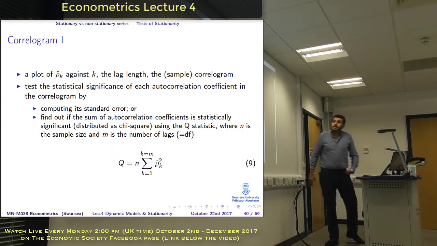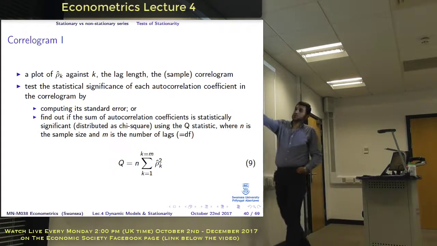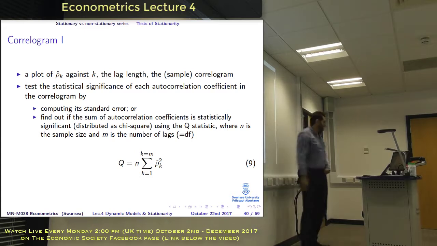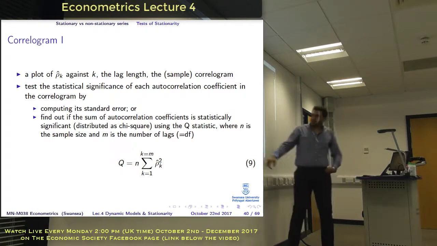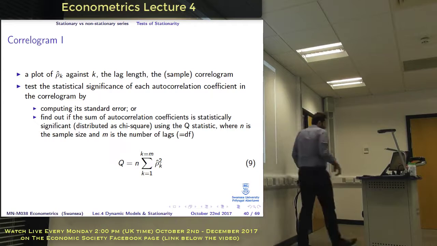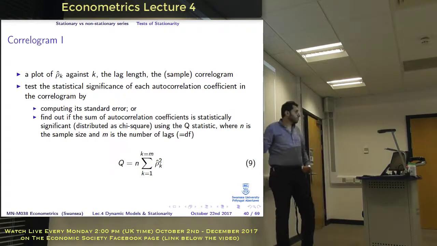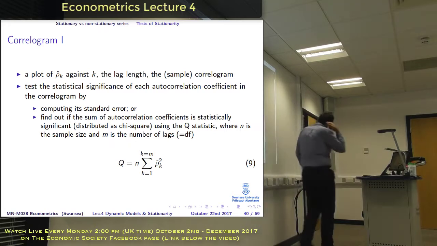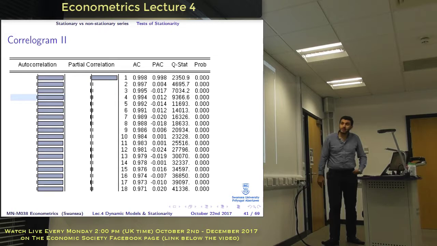You can compute its standard error, or test whether it is statistically significant or not following this Q statistic. This is how you calculate it. Again, you don't really need to worry about this much, because it's very easy to produce these days using software like EViews.